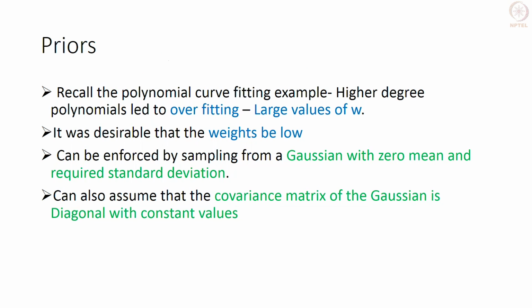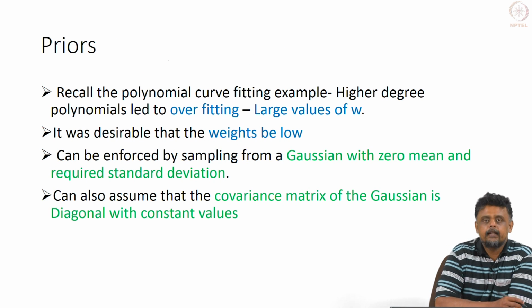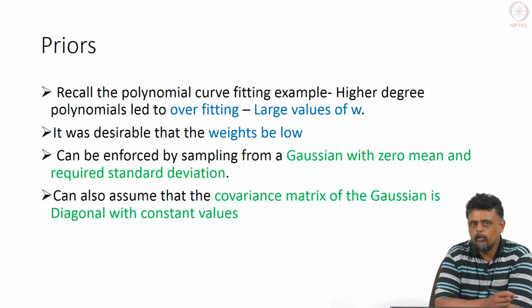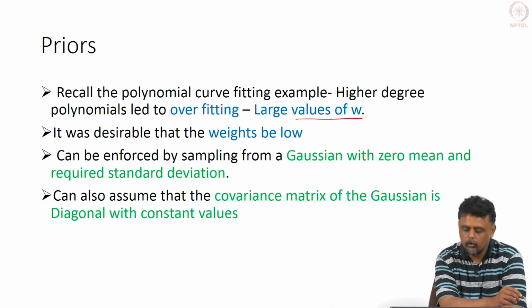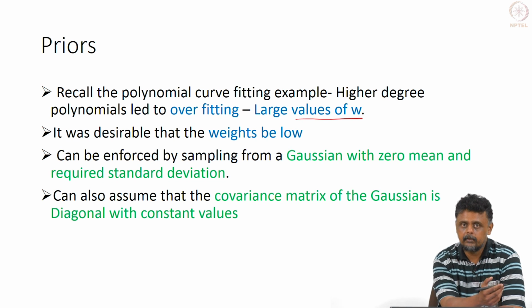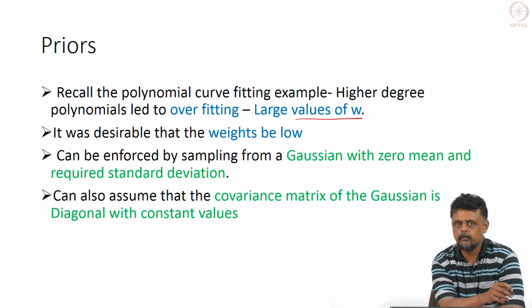Okay. So, if we recall the polynomial curve fitting example we had, as the degree of the polynomial increased, there was overfitting, which again led to very large values of W. Remember, very large values of W. It was desirable at that time that the values be low, because W was becoming very large to compensate for individual data points.